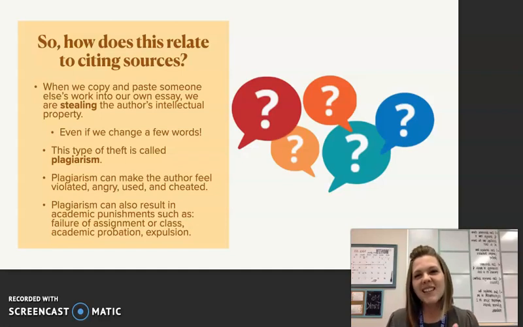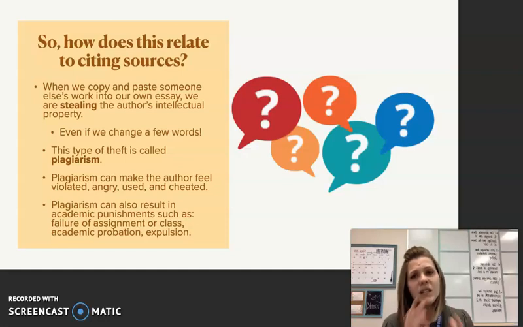If we take someone else's intellectual property, if we take someone else's words that they wrote themselves and we use them in our own research and we put our name on that research without citing the information, we are stealing from those authors. We are committing intellectual property theft.